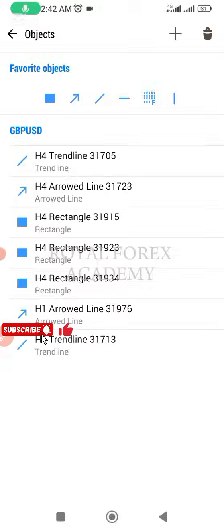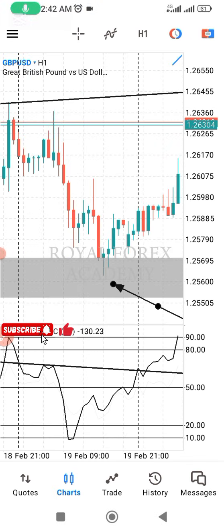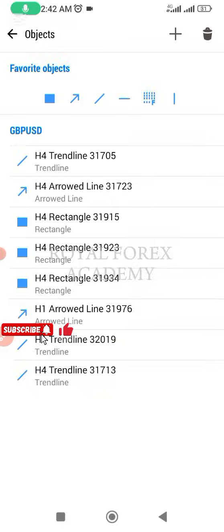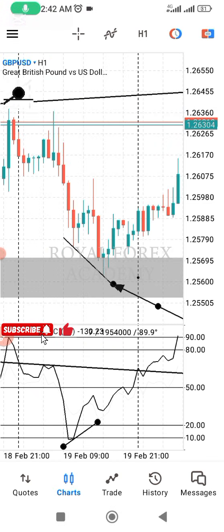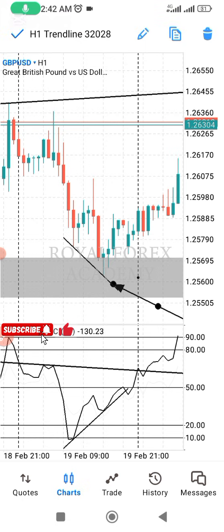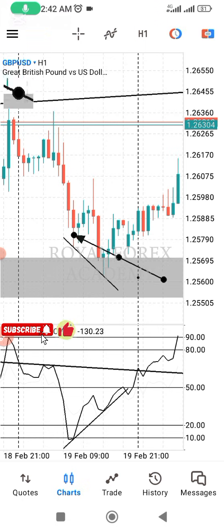Now look at this. Can you see that divergence? So this is the divergence. And see how perfect this trade plays out.